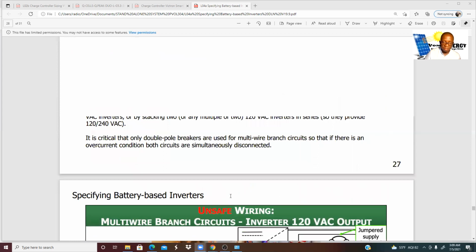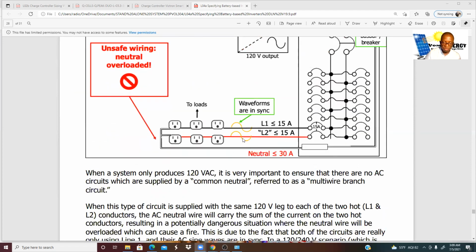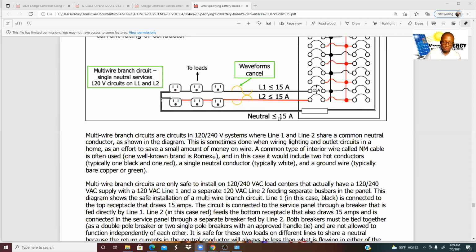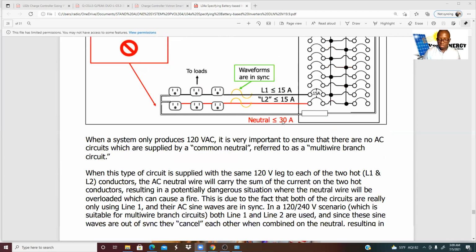Here, our waveforms cancel. Here, the waveforms are in sync. Neutral is 30 ohms. Neutral is greater or equal to 50 ohms. So my technicians, take note of that.